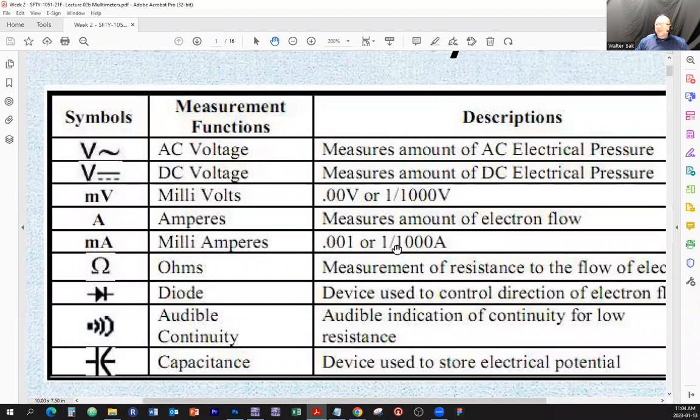So if you turn the dial onto this V with a tilde, you're going to turn that meter into a voltmeter that is capable of measuring AC voltage.